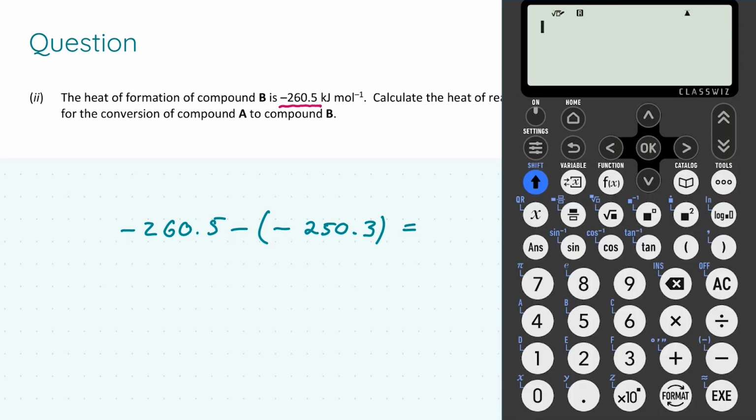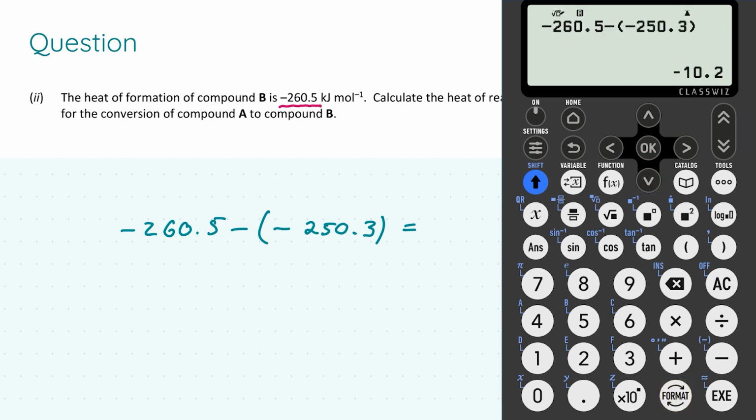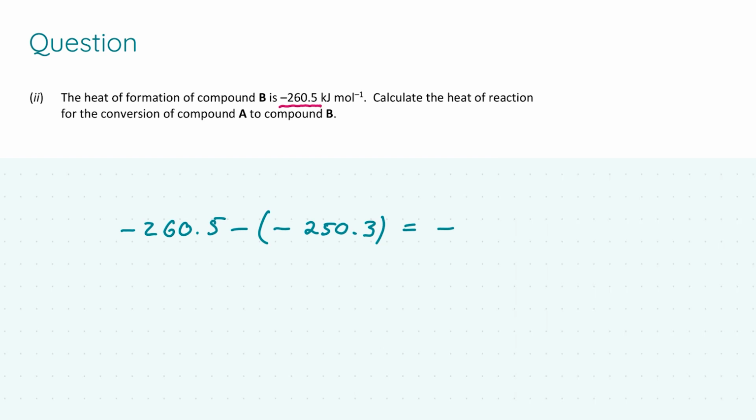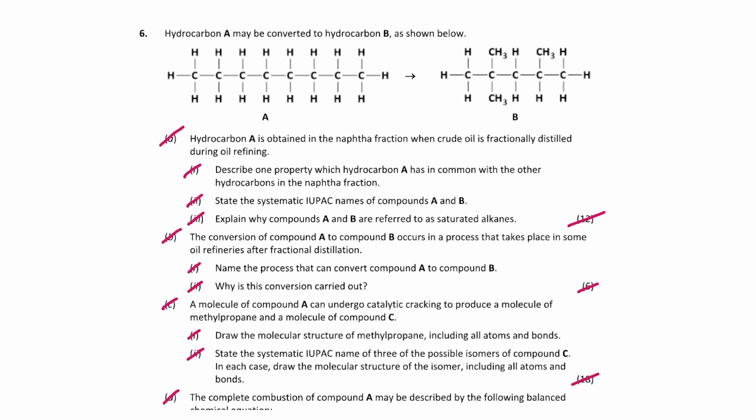So now, just calculating this, negative 260.5 minus bracket minus 250.3, close the bracket, and we're given an answer of negative 10.2 kilojoules per mole. And then for working out this answer, you received an additional 3 marks, and then that's it. That's the end of this full question. So we can just tick off part D, I, and II, and we're through with this question, completely done.